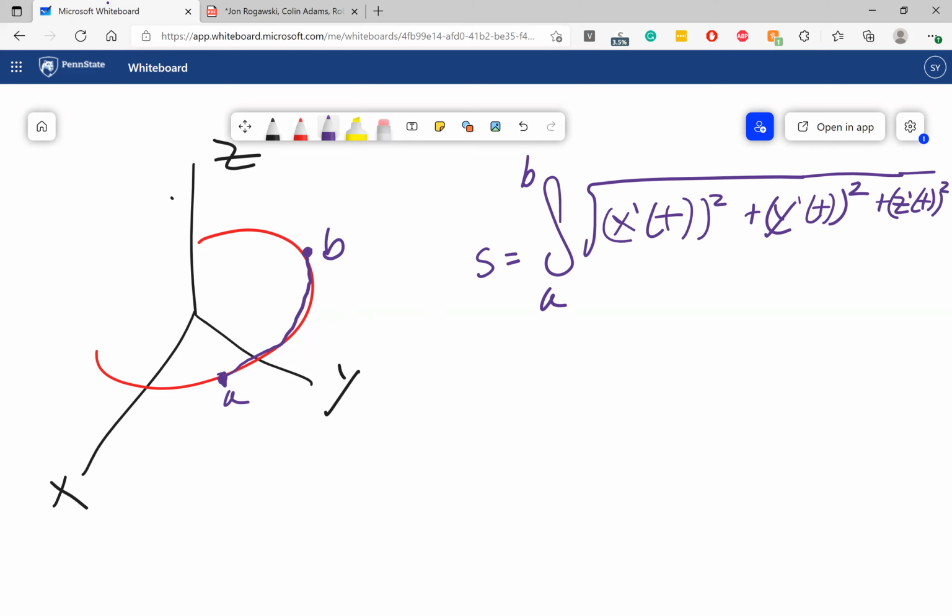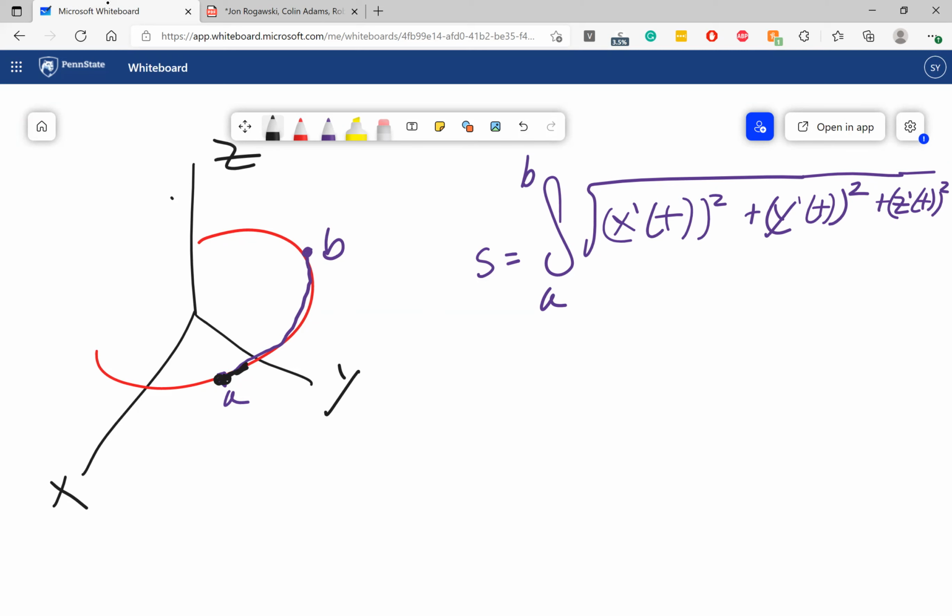One way to remember this formula, and I'm going to suggest two ways, is to go to this point and ask, if I go an infinitely small step on this curve, how do I determine that length? Let's imagine we go from this point to this point over here.